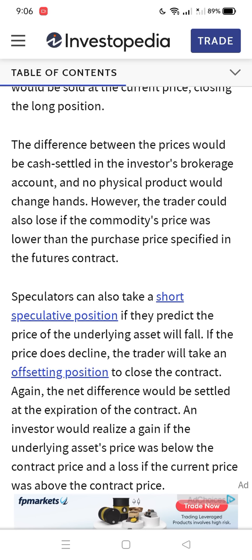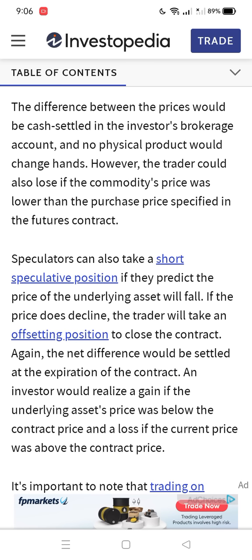If the price does decline, the trader will take an offsetting position to close the contract. Again, the net difference would be settled at the expiration of the contract. The investor would realize a gain if the underlying asset price was below the contract price and a loss if the current price was above the contract price.